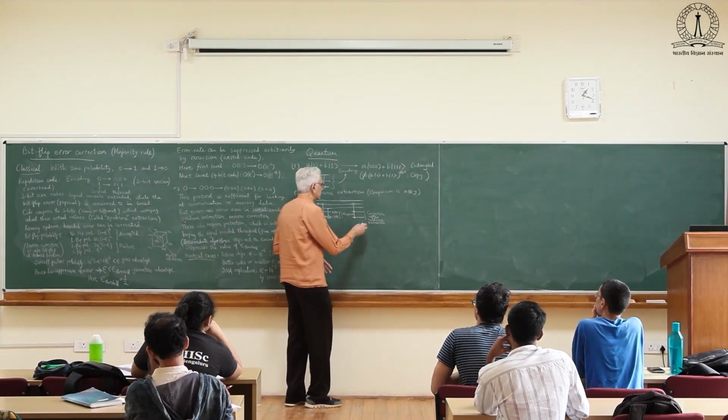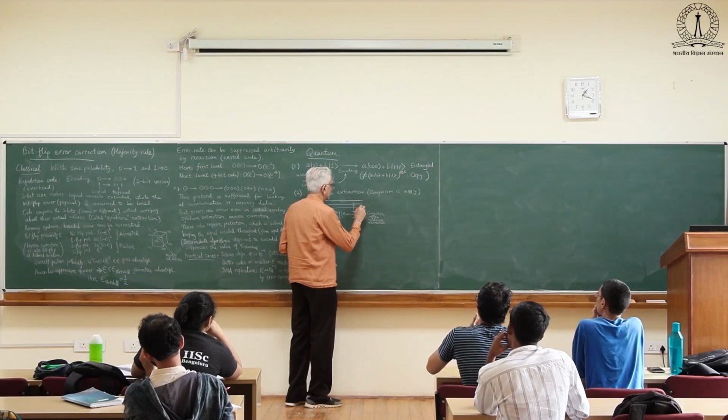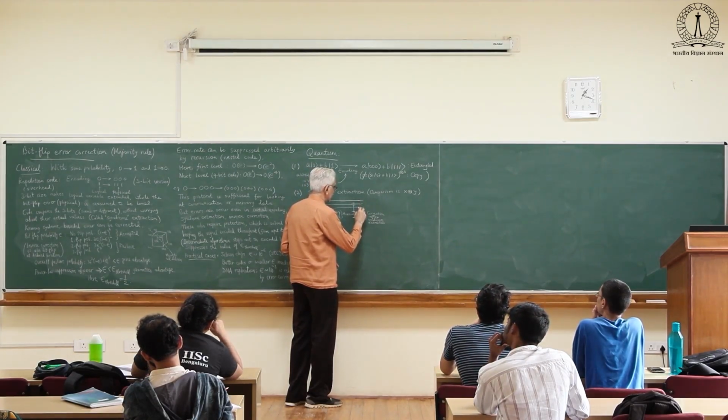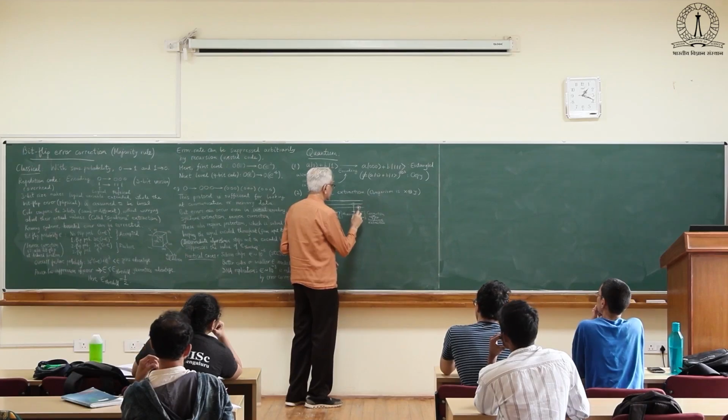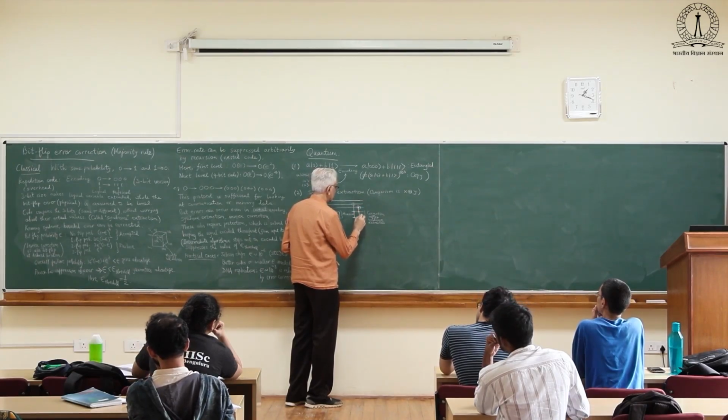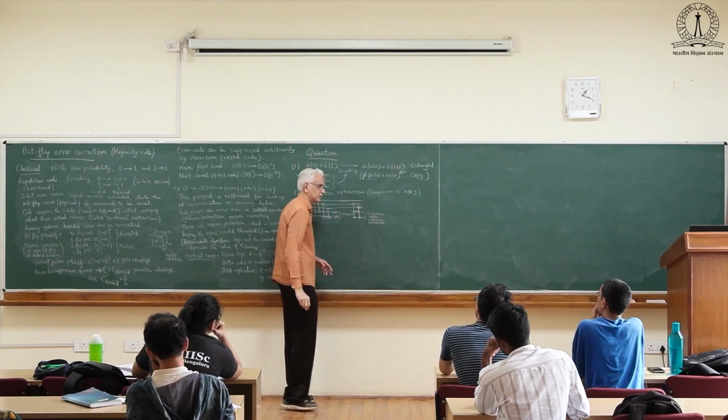So I can use it as a Toffoli gate, but the way the Toffoli gate is defined is a little different. So I can use the same notation, but to take into account that this value is 0 and this value is 1, I will put a not step in the middle.